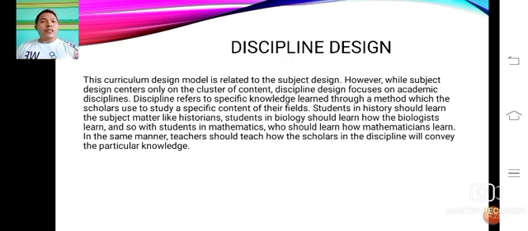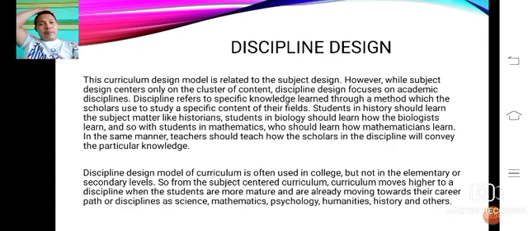Discipline refers to the specific knowledge learned through a method which the scholar uses to study a specific content of their field. Students in history should learn the subject matter like historians. Students in biology should learn how biologists learn, and so with students in mathematics, who should learn how mathematicians learn. In the same manner, teachers should teach how the scholar in the discipline will convey the particular knowledge.